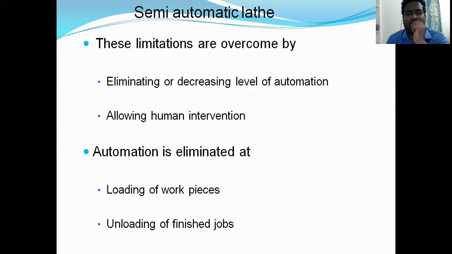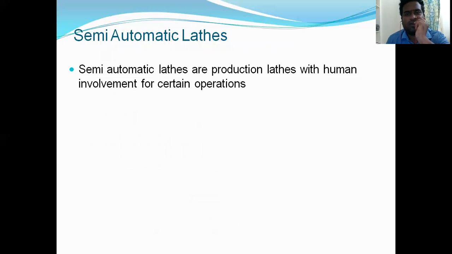As I already said, loading and unloading are done automatically in automatic lathe machines, but in semi-automatic lathe, we replace this with human intervention. So these are some of the limitations eliminated by the semi-automatic lathe compared to the automatic lathe. Semi-automatic lathes are production lathes with human involvement in certain operations.